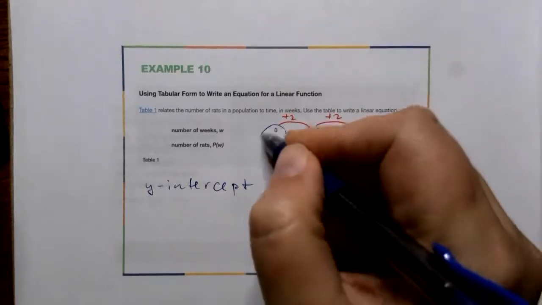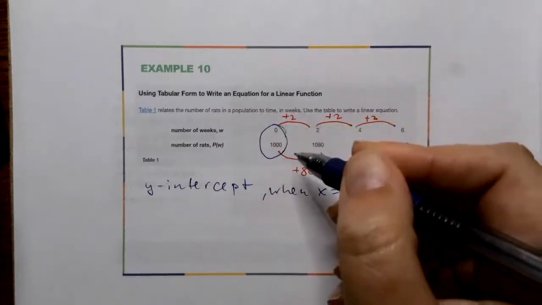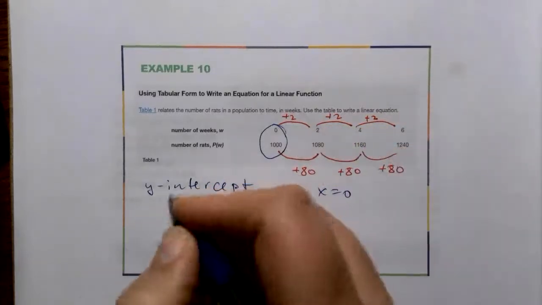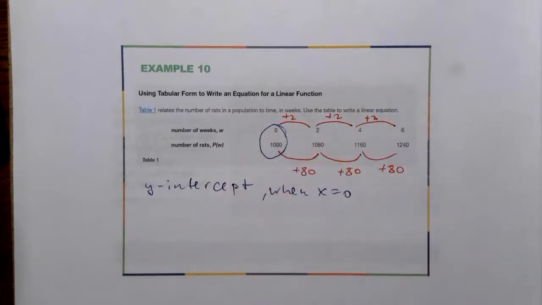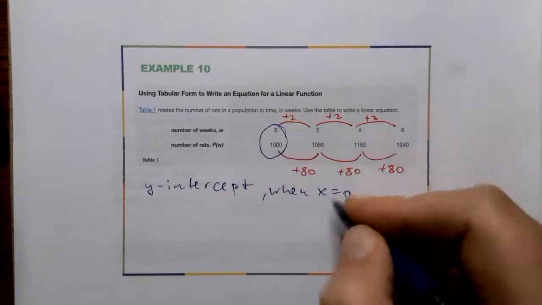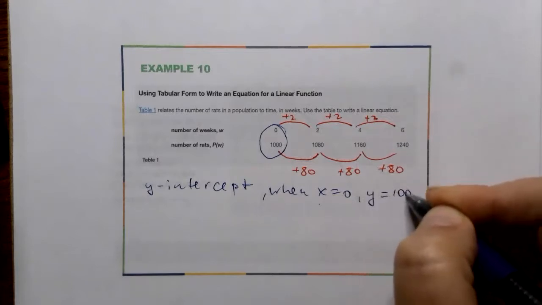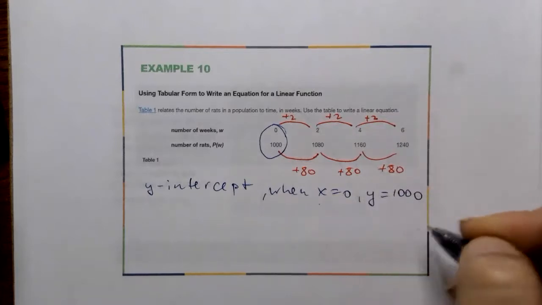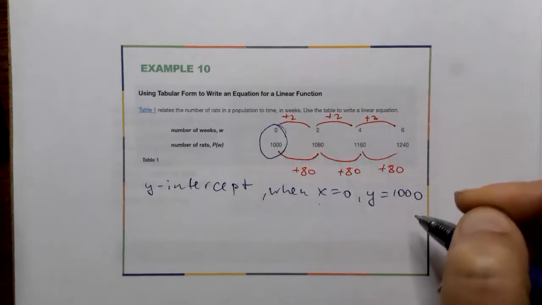I hope that you said yes, we have it here. So the y-intercept for this linear model will be (0, 1000), right? So when x equals 0, y is actually 1000. So that's your y-intercept.